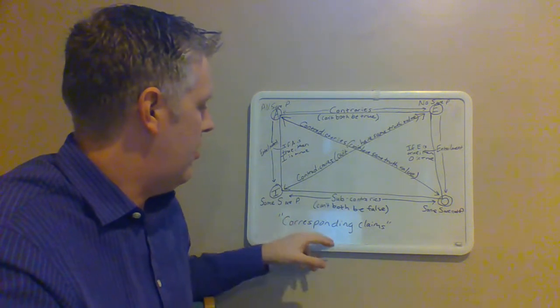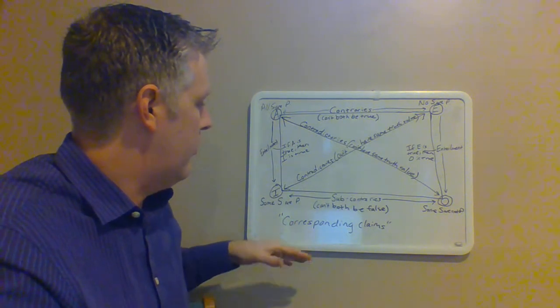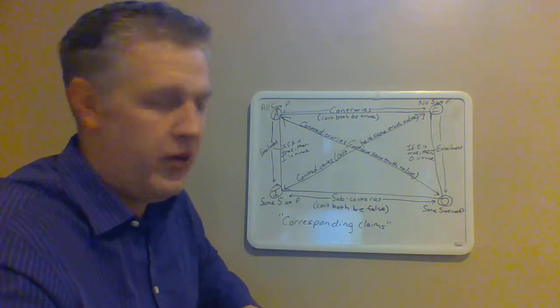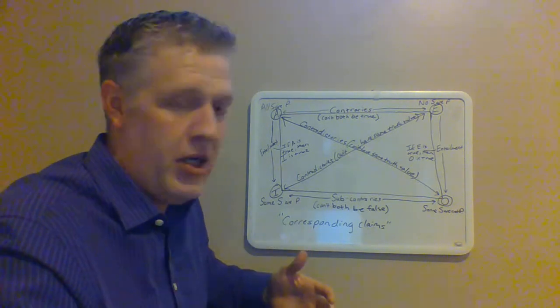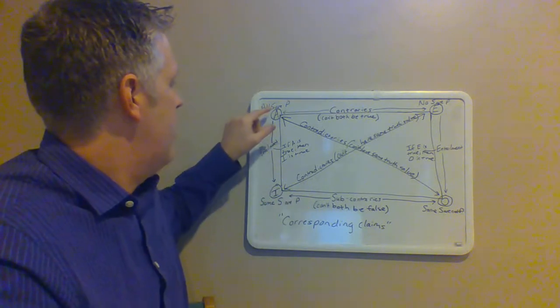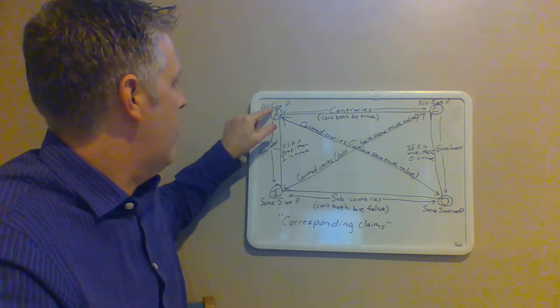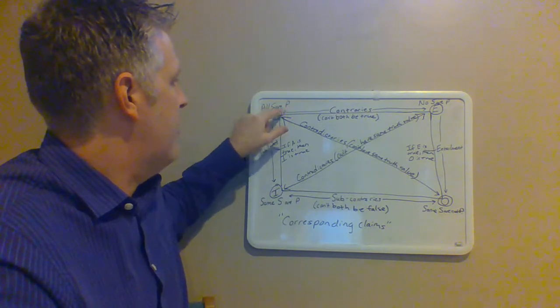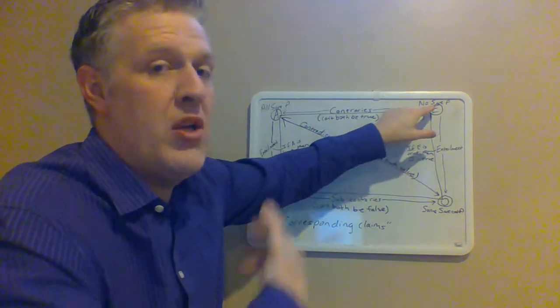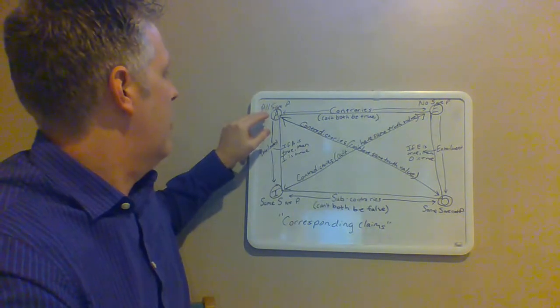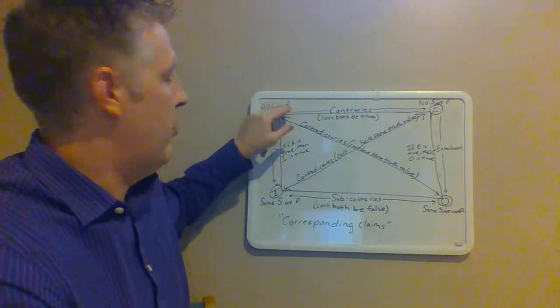Another very important concept is this notion of corresponding claims. Two claims correspond to one another provided the same terms are in both their subject and predicate. So the first blank here is the same as the first blank in the corresponding claim, and the same thing is true of the predicate, or the second blank.